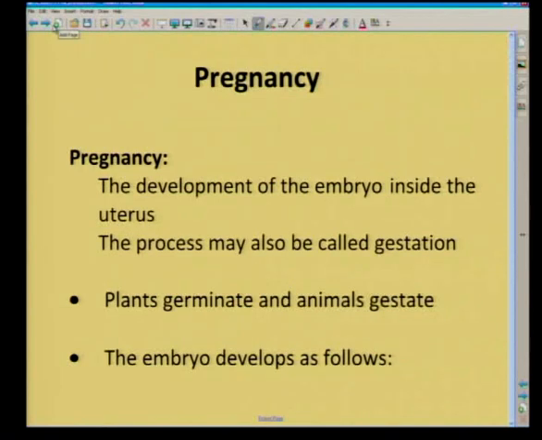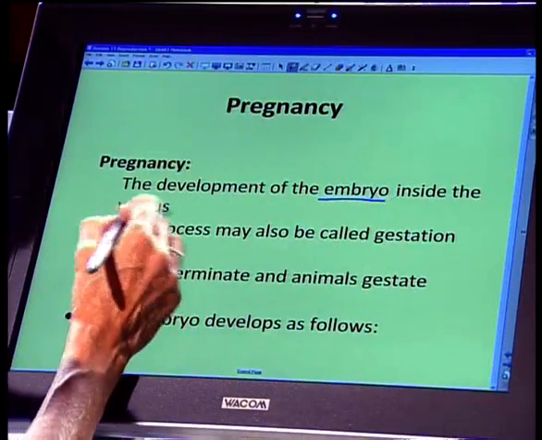All right, people, let's look at pregnancy. Now, remember, what is pregnancy? Pregnancy is the gestation period while that embryo becomes a fetus inside the female's uterus. It's the development of that little embryo inside a uterus.